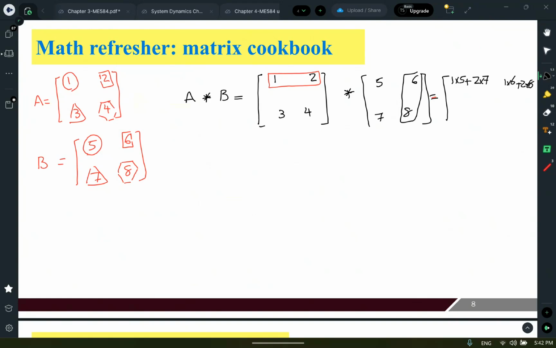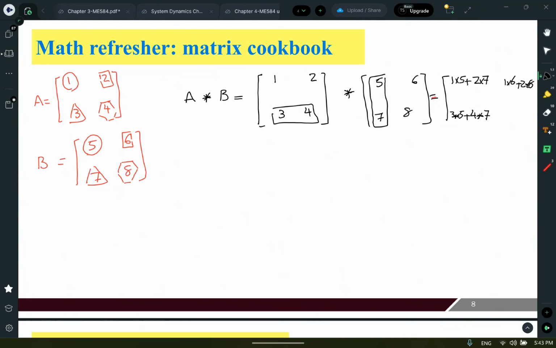Next one: this row would be multiplied by this column, so this is going to be 3 multiplied by 5 plus 4 multiplied by 7.